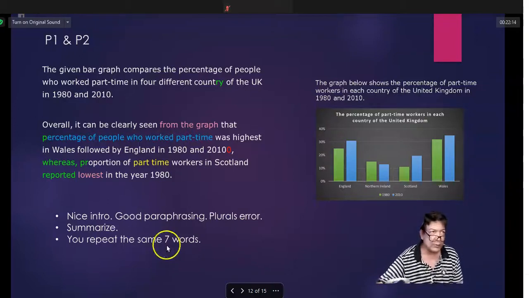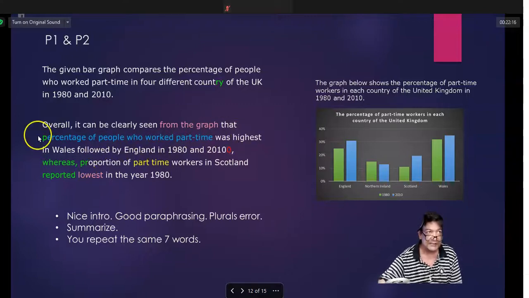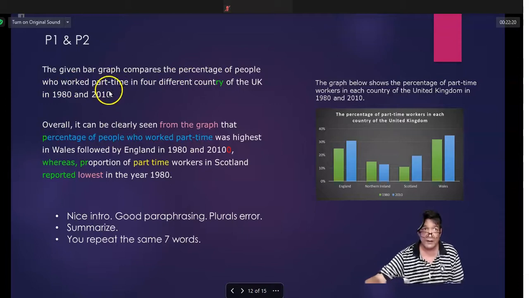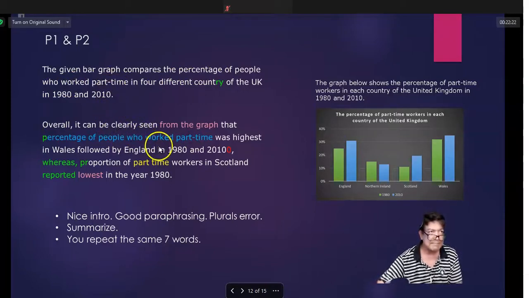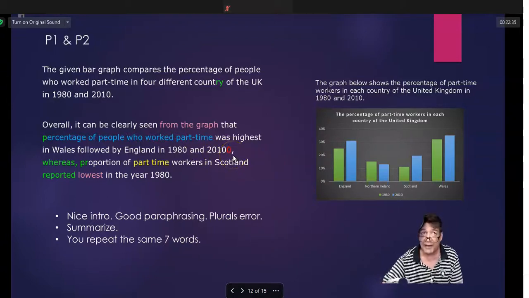You've repeated the same words 7 times, and these 7 words are exactly the same 7 words that appeared in the previous paragraph. Don't do that. And this little extra 0 here is a typo, I know. You don't think it's the year 20,100, but it's a sign that you haven't proofread your work, because it should be easy to spot that.